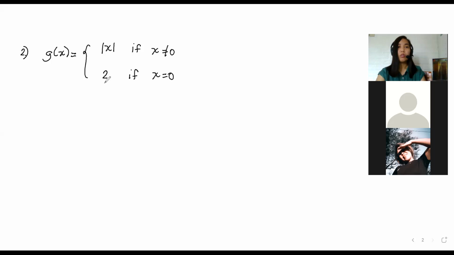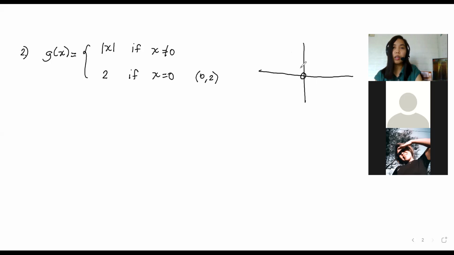And the second one is a point: if x is 0, y is 2. And we know that the graph of absolute value is V-shaped, right? So when we graph it, we will just open it at 0.